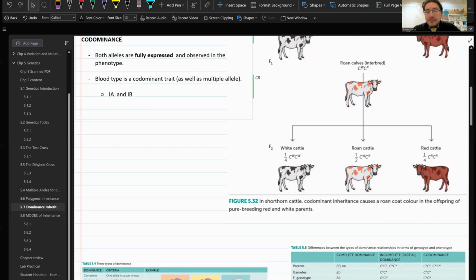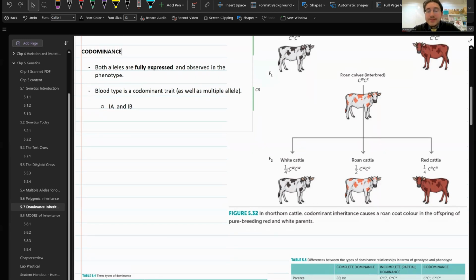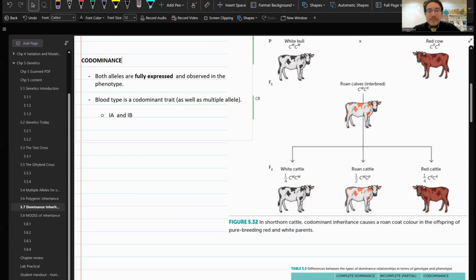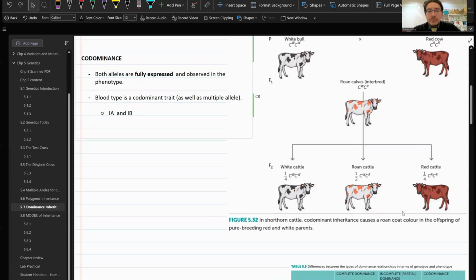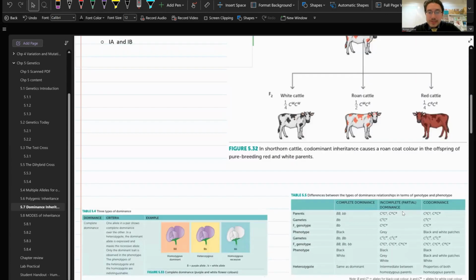So you have white and white, giving black and white coloration, and a heterozygous individual with black and brown, and then red cattle with that dark brownish, maroon appearance. So, codominance: both alleles are fully expressed.